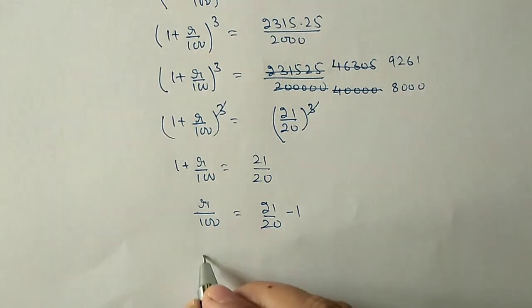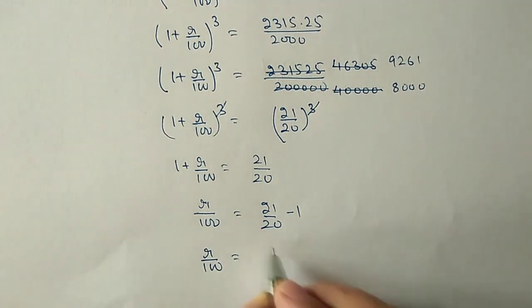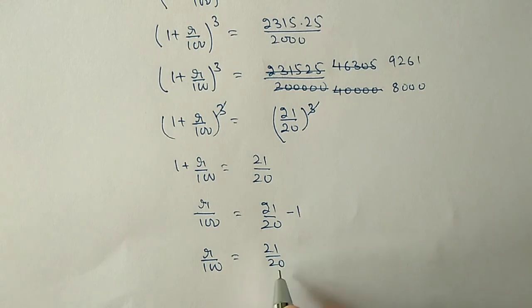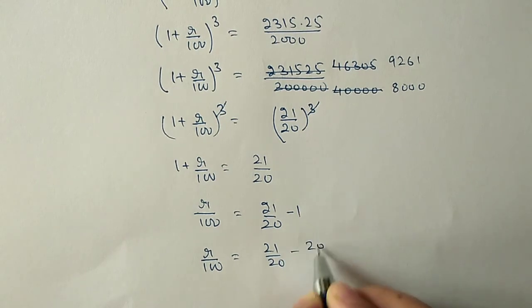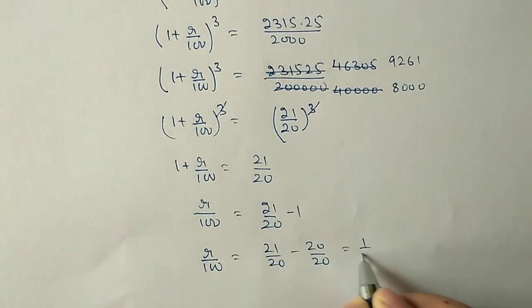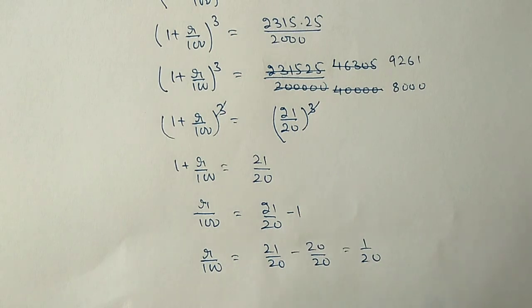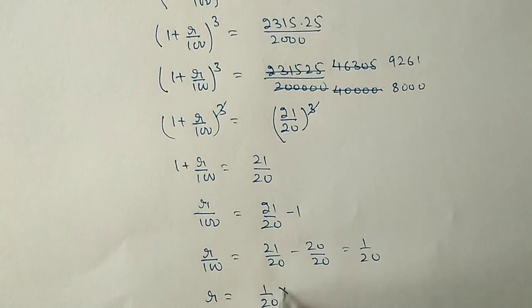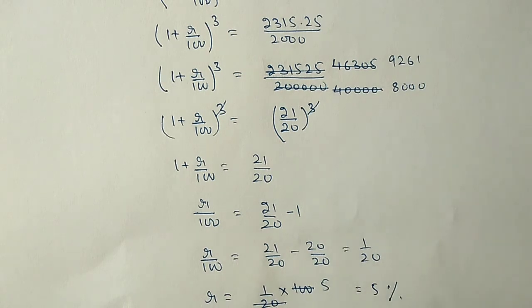This 1 we can write as 20 by 20 because the denominator is 20 here, and we will get 1 by 20. R by 100 is equal to 1 by 20. 100 also we can shift to the other side, it will go for multiplication. So after cancellation we will get 5 and the rate of interest is 5%.